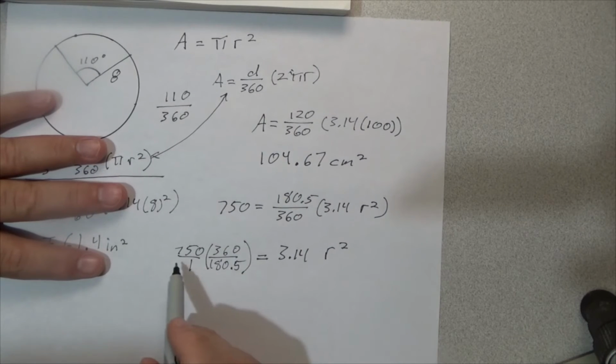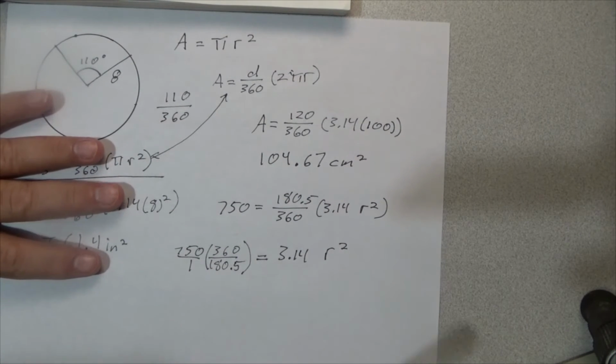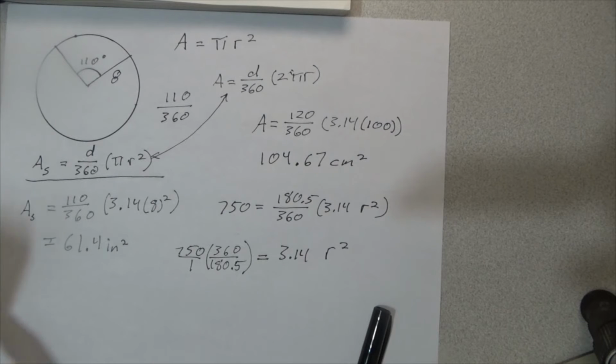All right, so let me figure this stuff out right here. And then after that, I will divide by 3.14. So a fraction bar of 750 times 360 divided by 180.5. That looks good.